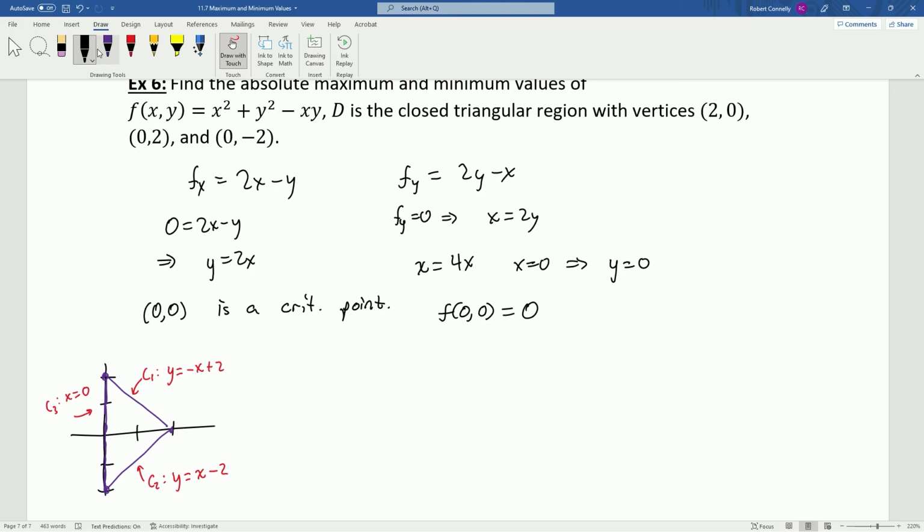So now what we're going to do is take each curve and substitute it into our function. It'll be a constraint on our function, and it's going to give us a function of only one variable now. So in the case of the first curve, we get x squared plus (negative x plus 2) squared minus x times (negative x plus 2).